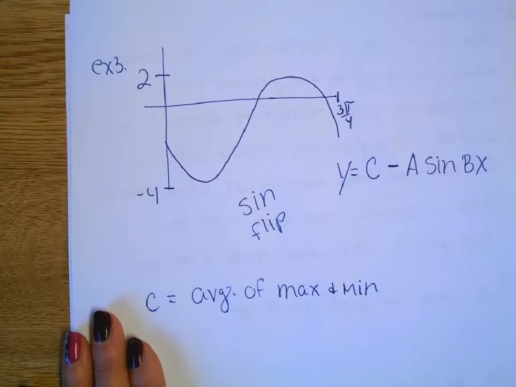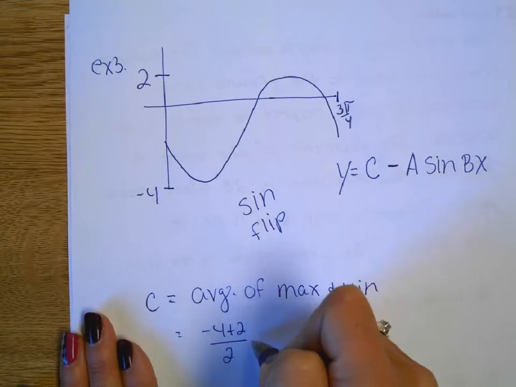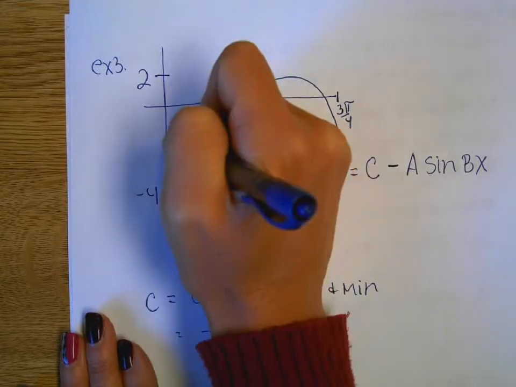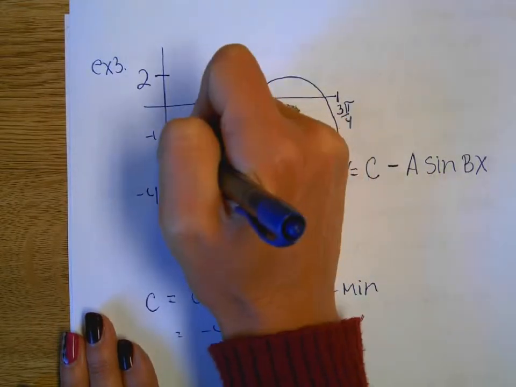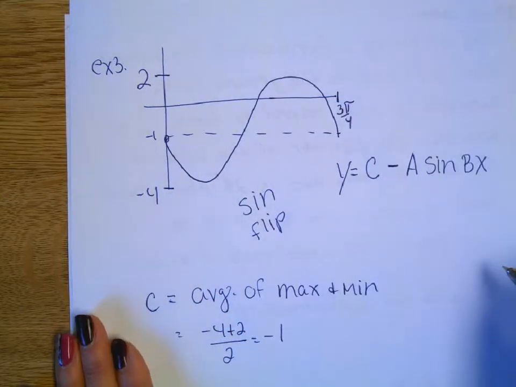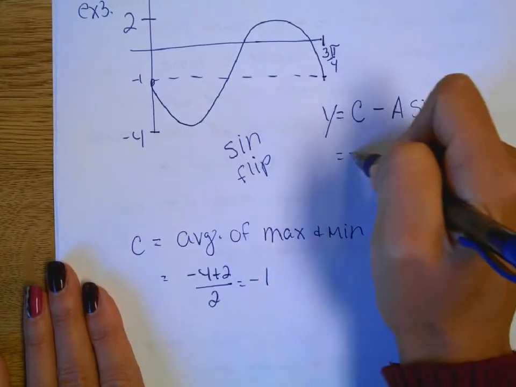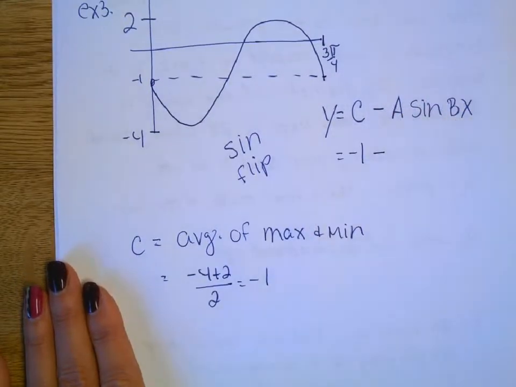So what is the average of -4 and 2? -1. So this axis is at -1. So the C is -1 minus, what's my amplitude?